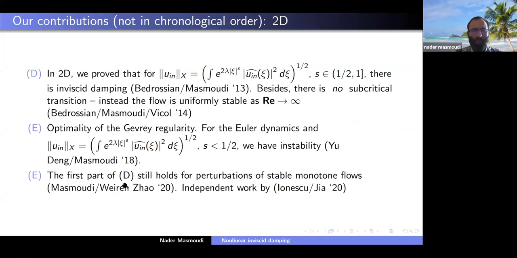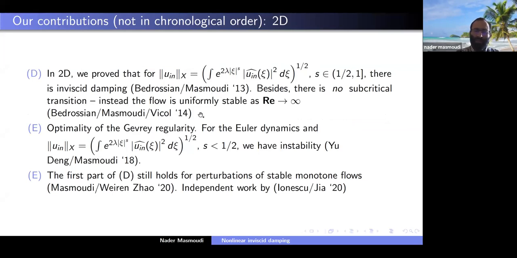Now, today I will be more talking about the 2D problem. And if one considers the following kind of space, these are Gevrey spaces, meaning that the Fourier transform has to decay like exponential minus xi to the power s. If you take s equal 1, that corresponds to analytic regularity.